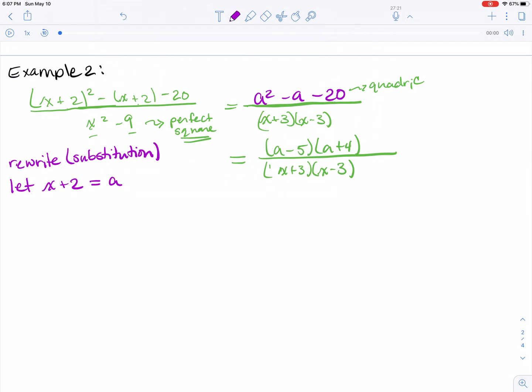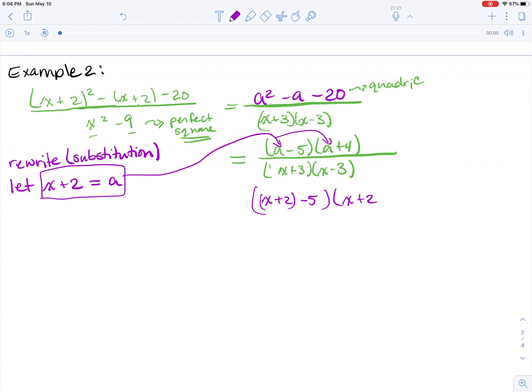Now, I can go in on the next line and re-substitute in my a value into each of these spots. So I'm going to put x plus 2 minus 5, and then I have x plus 2 plus 4. And my bottom is the same, x plus 3, x minus 3.